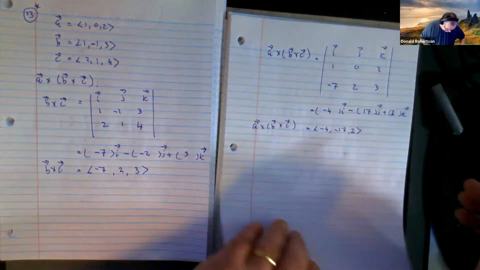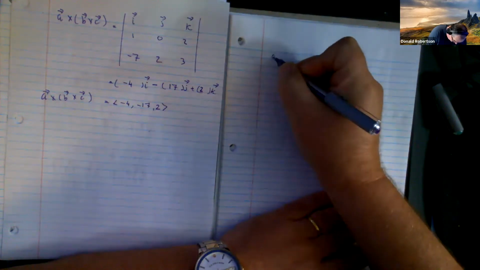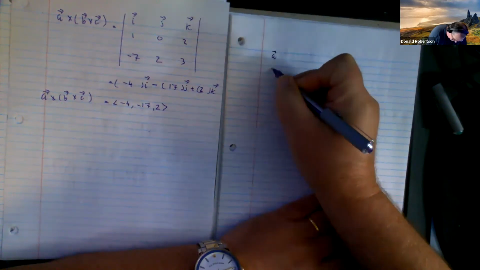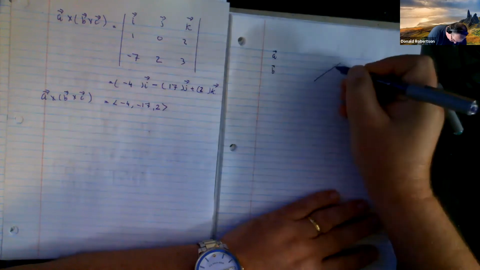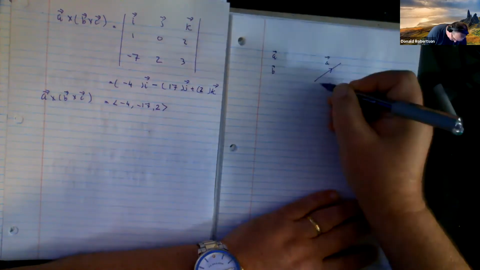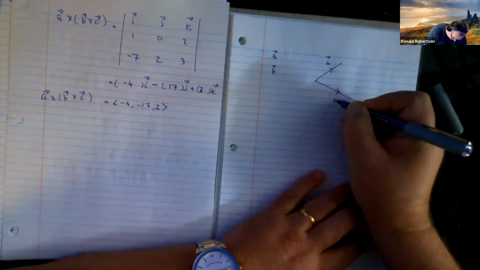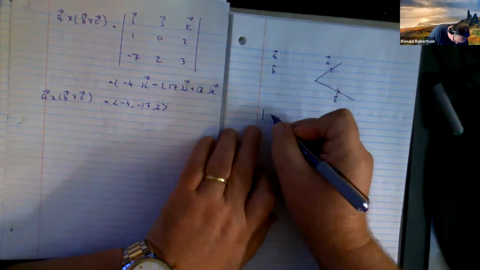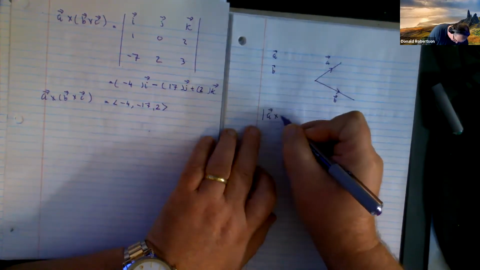Now, suppose I've got two vectors, A and B again. Let's make that guy A and that guy B. And I find the magnitude of those two guys.